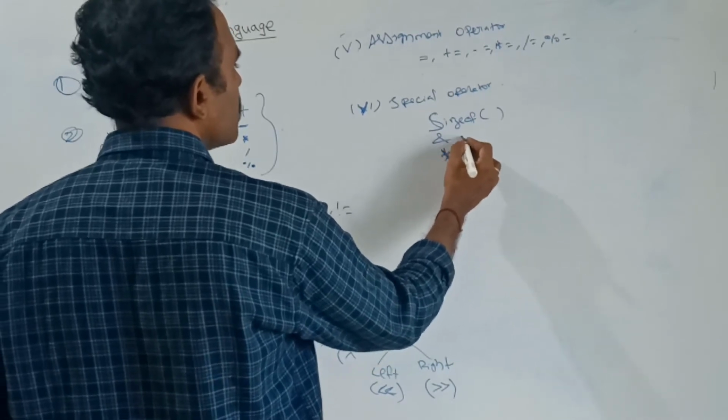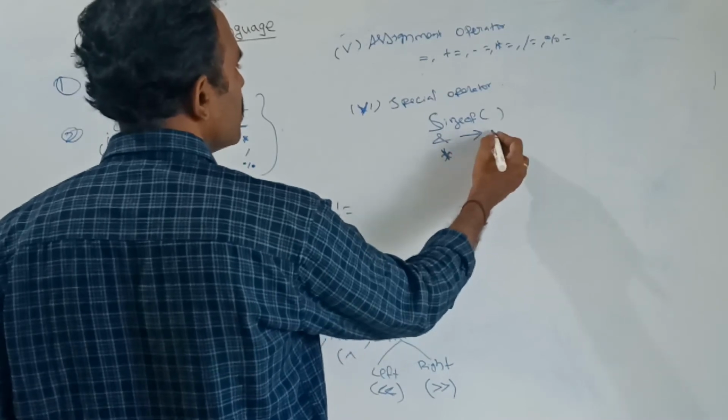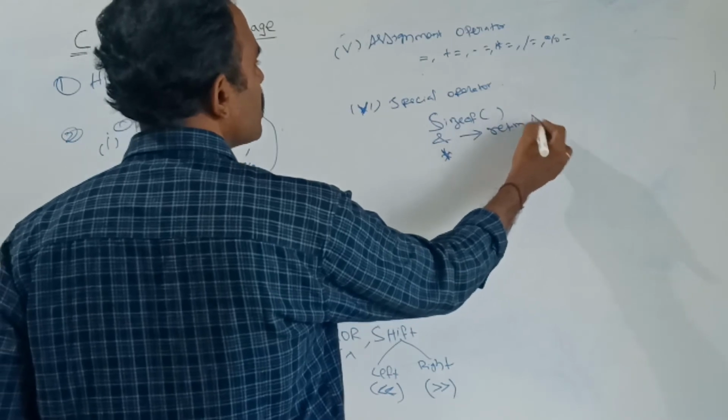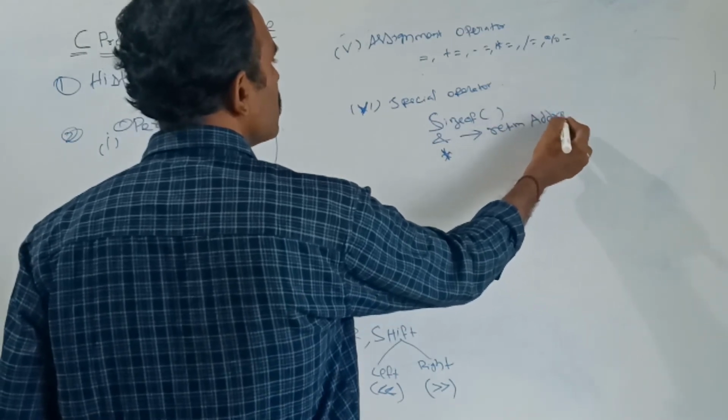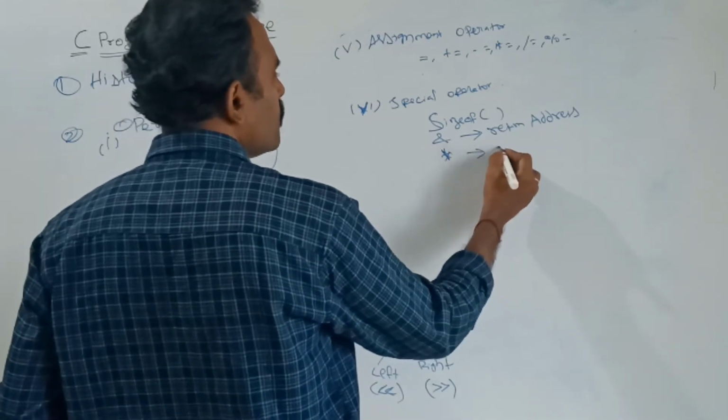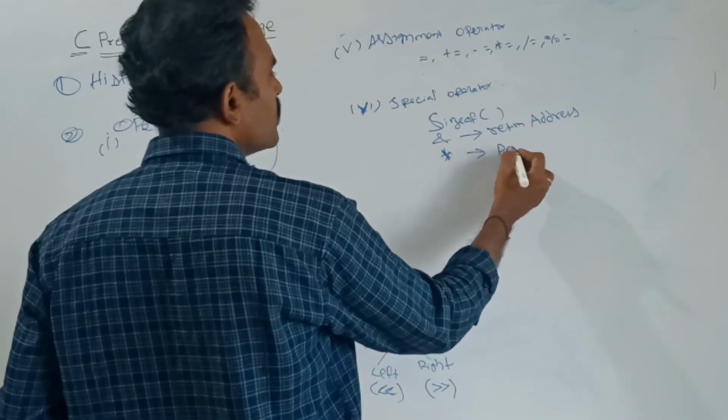This ampersand operator is used to return the address value of a variable. The star symbol is used to include a pointer to the variable.